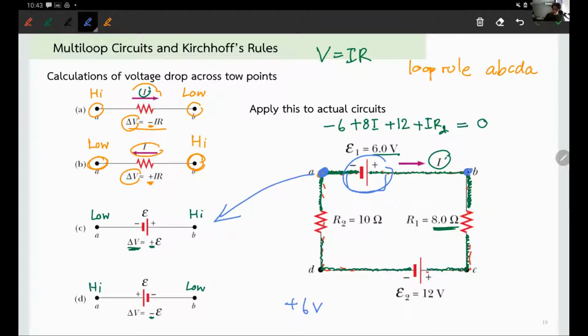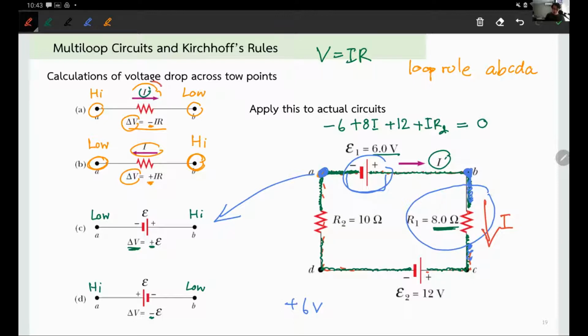Now I have to go from B, keep going, to C. So from B to C over here, the current is flowing down. I'm going through the resistor R1. So this case looks just like figure A. You guys with me?